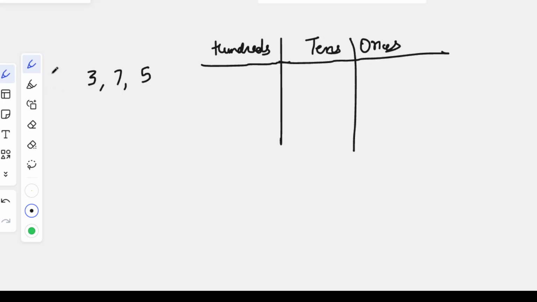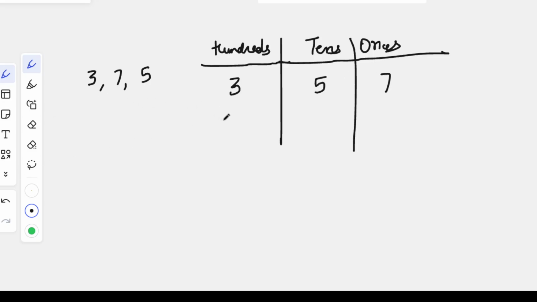When you are making a smallest three digit number, write the smallest digit in the highest place value. So 100 is the highest among these place values, so we will write 3 here because among 3, 7 and 5, 3 is the smallest digit. Then the greatest digit will be written in the ones column, and we are left with 5.